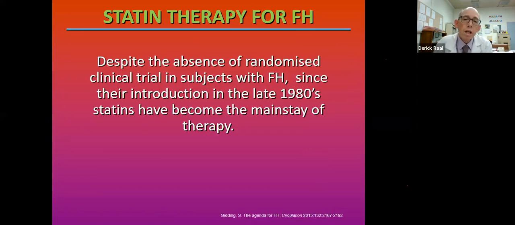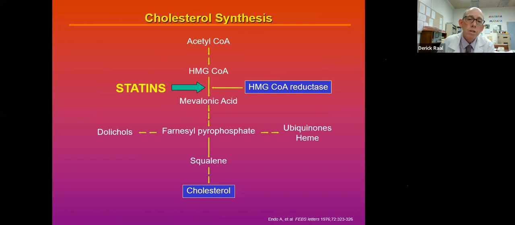As we all know, statins are the first-line therapy. Remarkable drugs. They're underutilized, which I'll discuss later. Interestingly, there's never been a study conducted in FH patients with the use of statins, but it's our standard first-line therapy for such patients.